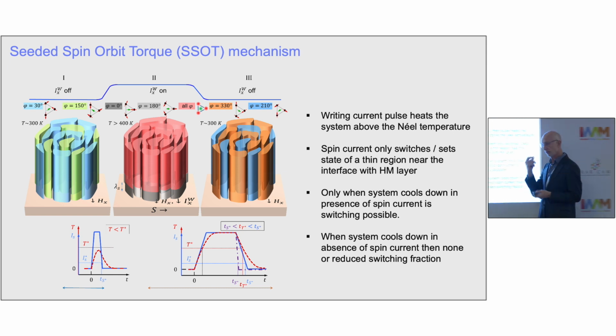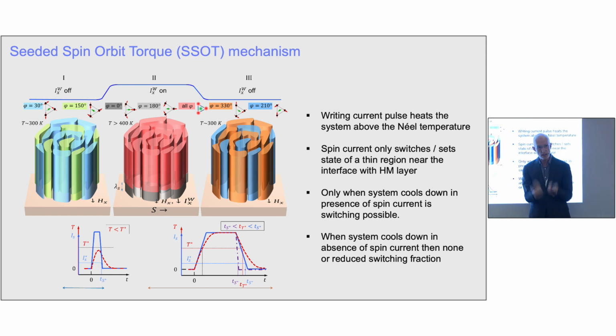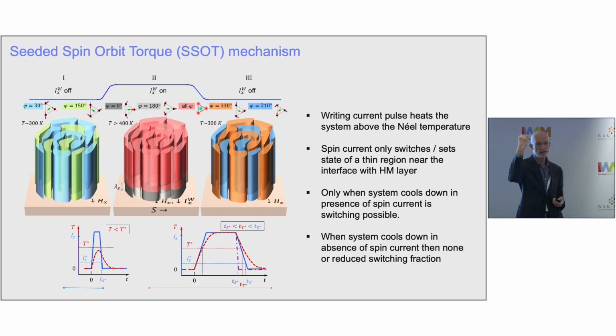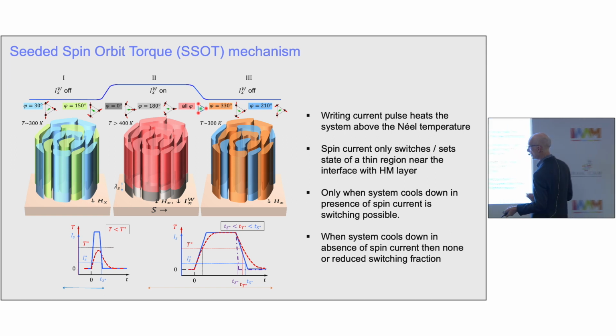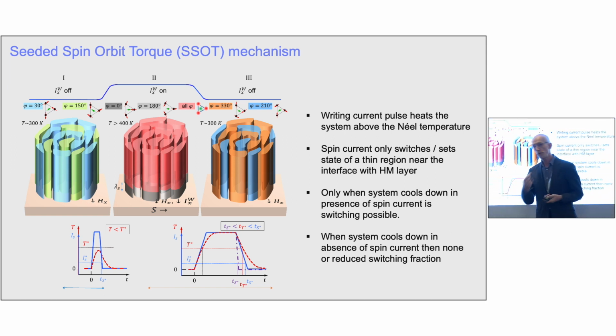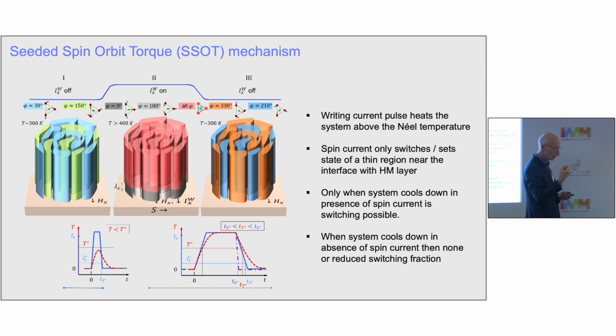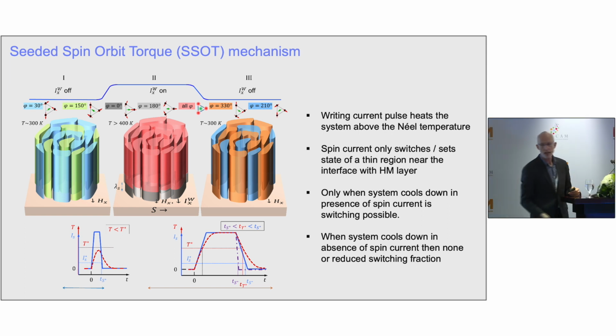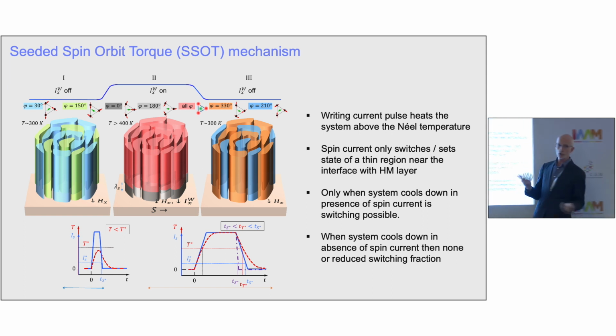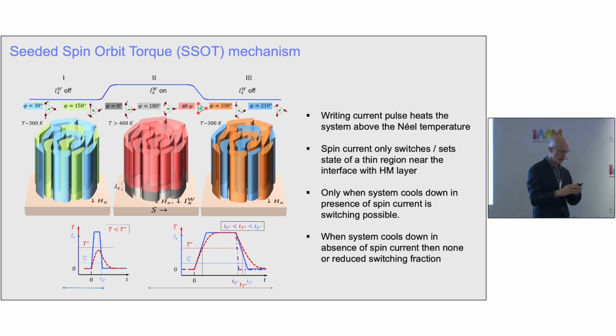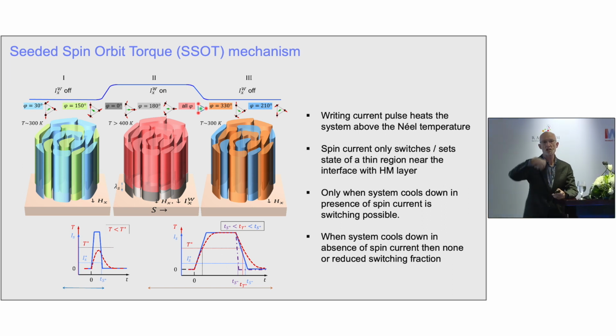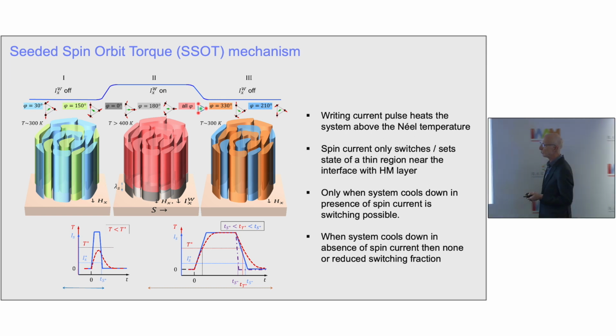And of course, you can easily imagine that if we turn off the current too quickly, then nothing will happen, because there will be no spin-orbit torque whilst it's cooling. We can check that by applying current pulses where we change the rate at which the current is switched off. If we switch it off too quickly, we see no switching. So again, it's proven that it's temperature. If we switch it off slowly, comparable to the time scale of cooling, then we can switch the device.